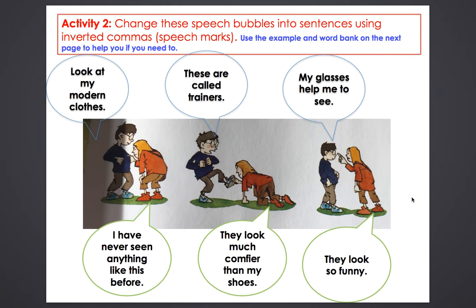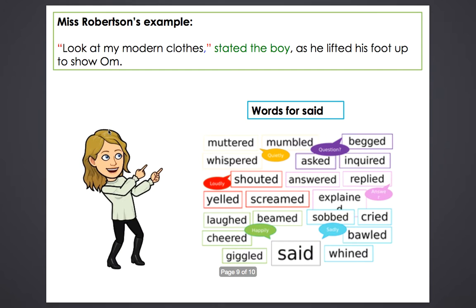And then activity 2, you have some speech bubbles here of what the two characters might say to each other. What I want you to do is turn these speech bubbles into lines of direct speech. Okay, so if you look on the next slide, there is an example this time, and it says, "Here I go, so look at my modern clothes."